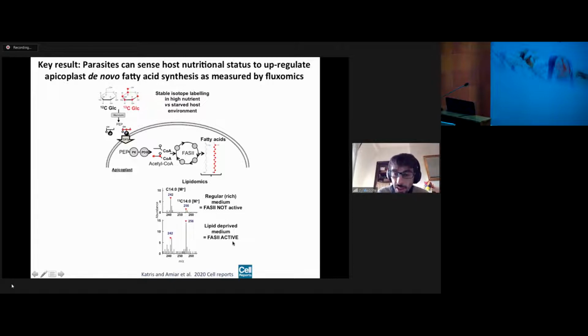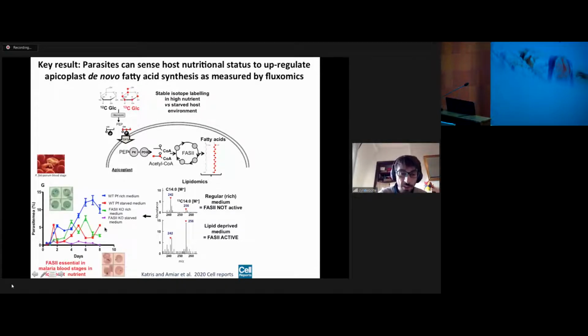However, when we change the nutrient availability, the availability of nutrients and lipids in the medium, using the culture medium set up by a Japanese group a few years back, Mitamura et al., then what we could see is that when we deprive the parasite of nutrients, we see an incorporation of carbons by the FAS2 pathway. The pathway becomes active, which is different from what we thought, that the pathway is actually dispensable during blood stage. It's not. It's rather more back to physiological conditions where the pathway can be turned on and off depending on what's available in terms of nutrients.